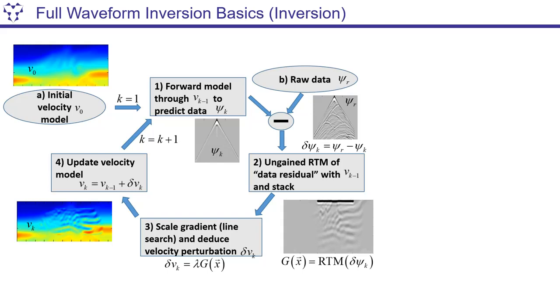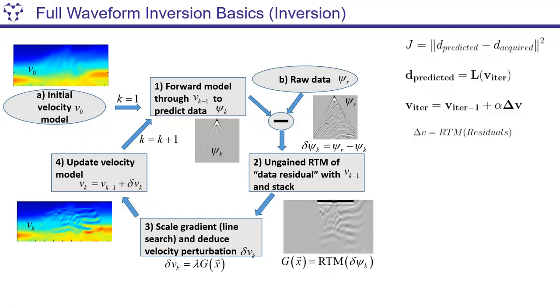So the difference between the observed data and the predicted data on each iteration will give us the information about the velocity model. This information can be mapped from the data space to the velocity space by using a simple migration.